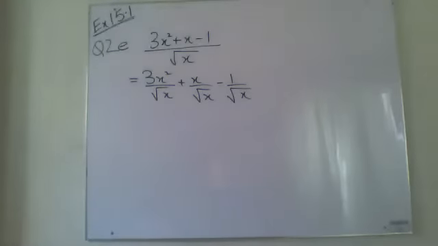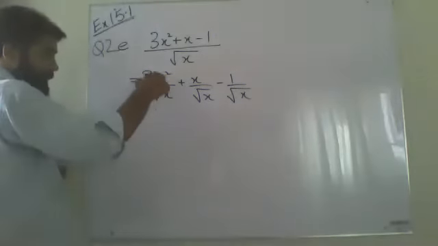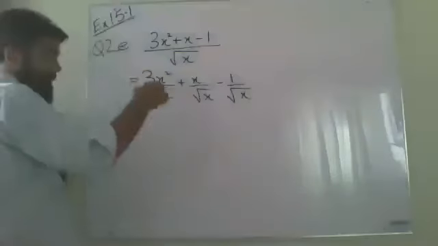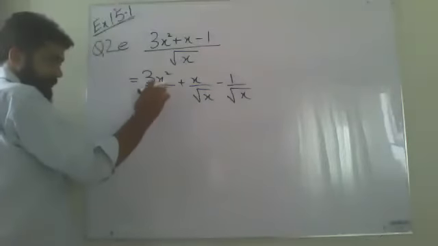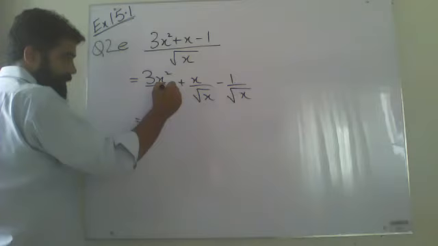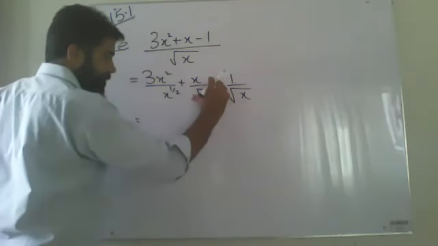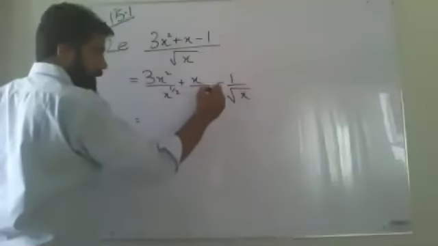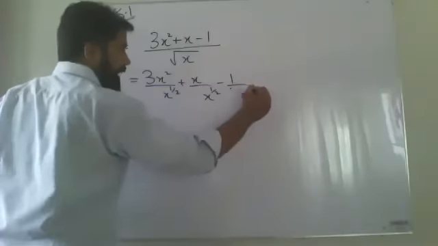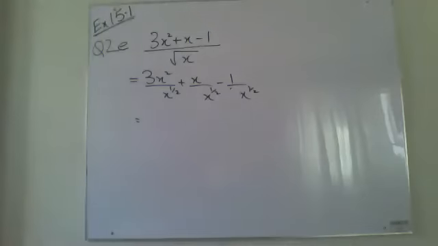After that, I will be simplifying it. X square divided by under root x. If this under root x, I can write it like this so you guys can understand, power half. Okay, I have written it in this way.